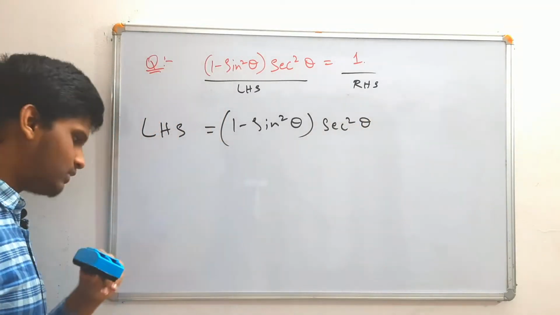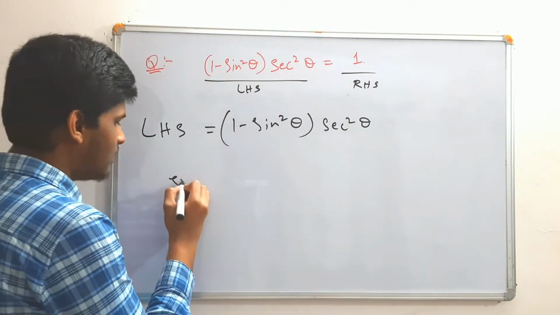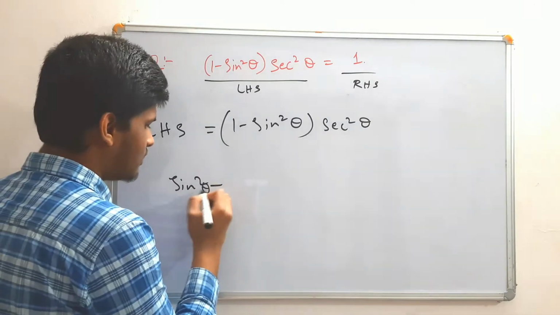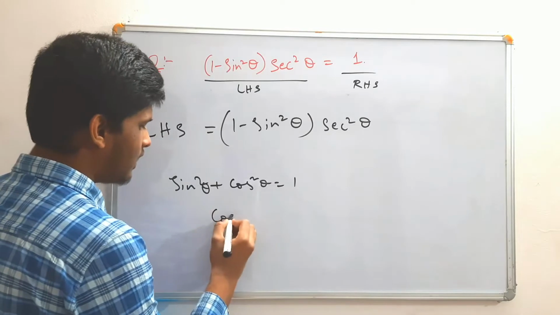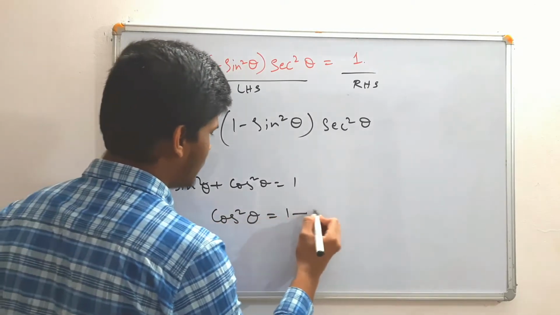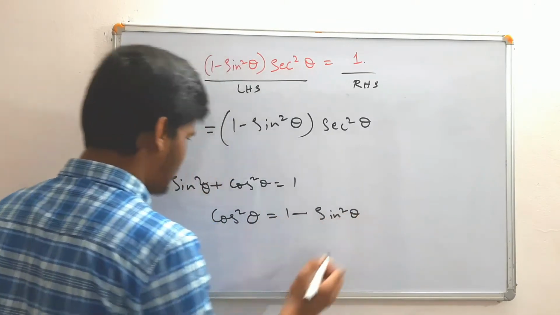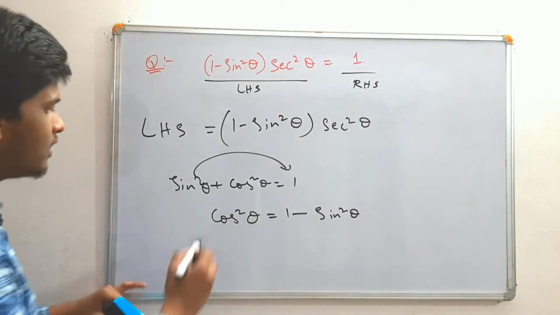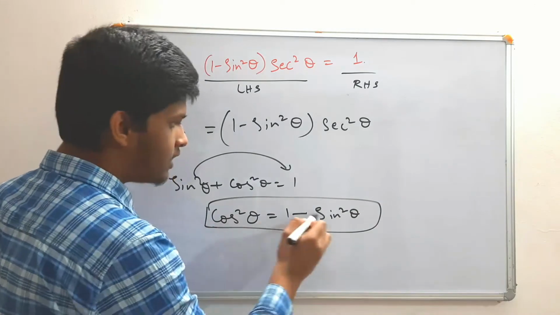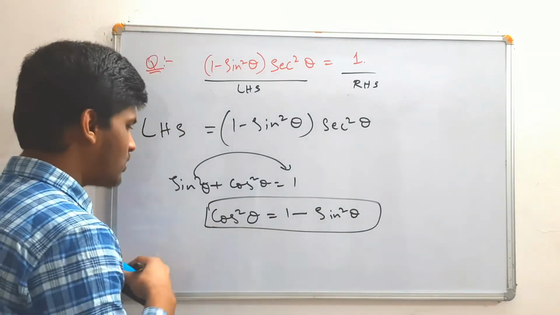And what is this 1 minus sin square theta? We know the identity sin square theta plus cos square theta is equal to 1. From this we derive one more thing, that cos square theta is equal to 1 minus sin square theta. That is nothing but sending this term to the other side. So 1 minus sin square theta is equal to cos square theta.